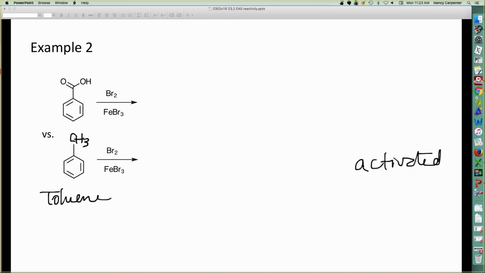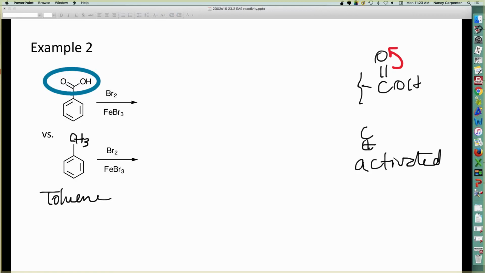And certainly this carboxyl group is electron withdrawing, because we can draw this resonance contributor that shows how there's a positive charge on our carbon directly attached to the aromatic ring.